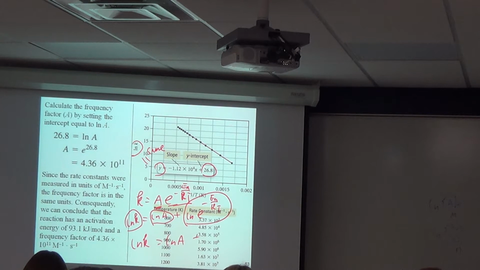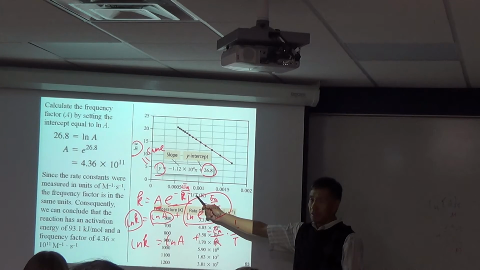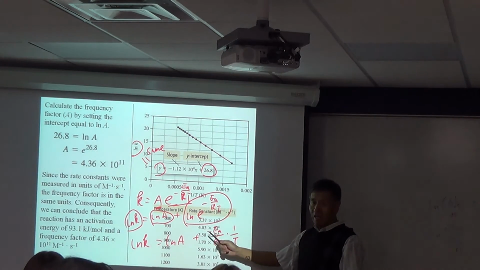So then the ln and e cancel out. What you get is negative Ea divided by R. Now you write them like a difference, so you multiply by 1 over T. 1 over T is this part here, our x axis.